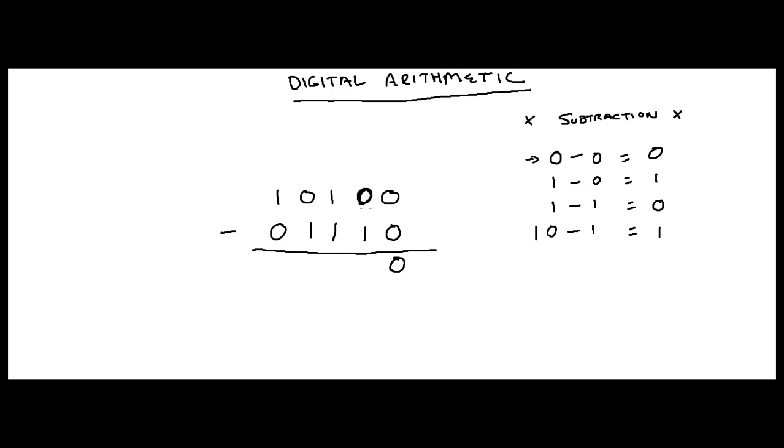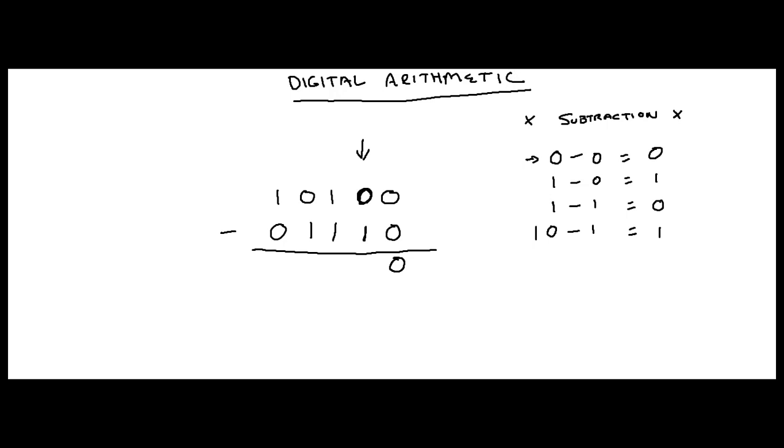Now, let's move on to the next column. Now we're working on this column right here. All right? We're trying to subtract this number 1 from a 0. We can't do that. All right? Obviously, we have to borrow. So we're going to come over here.